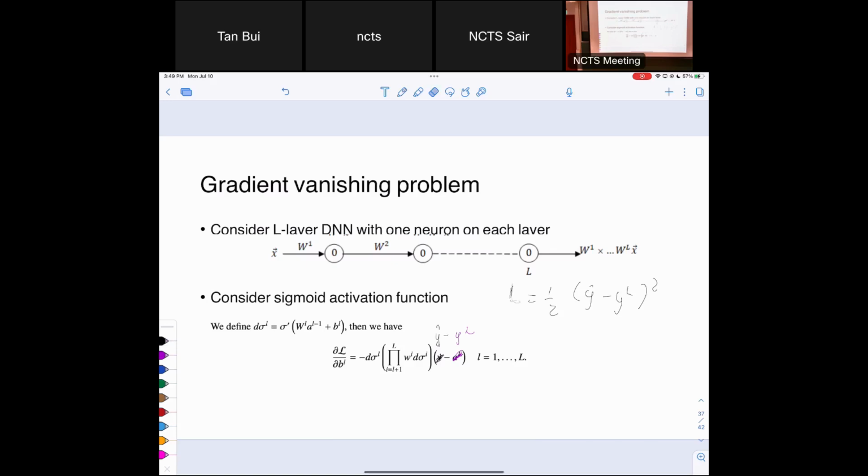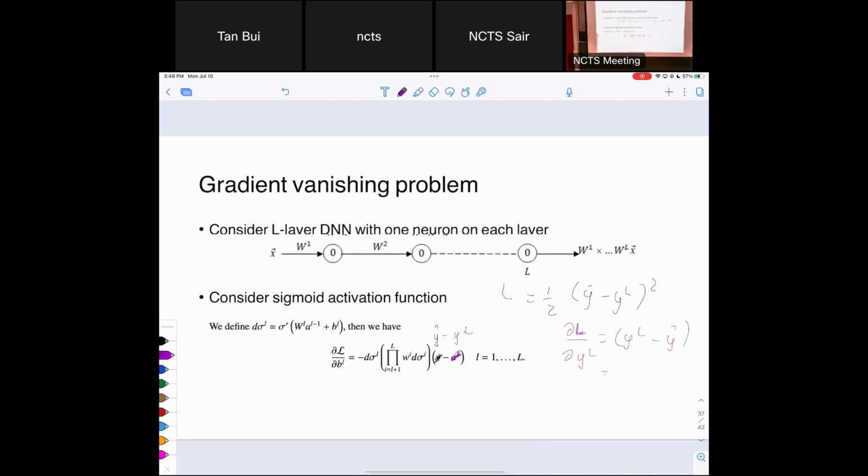So therefore, dL with respect to y_L, y hat is given, is equal to, of course, you can do it either way, y_L minus y hat. Everybody see that?